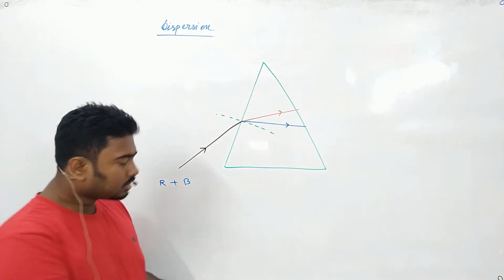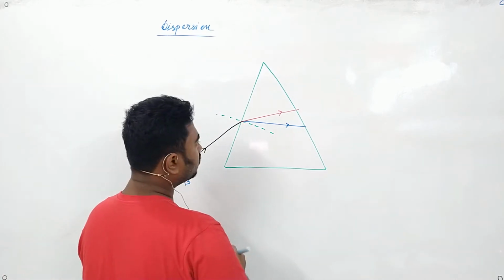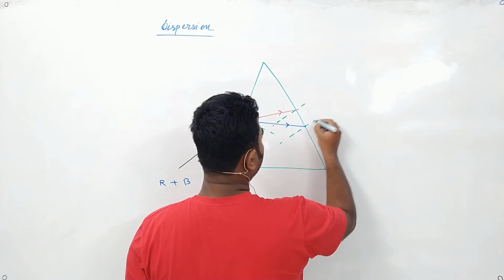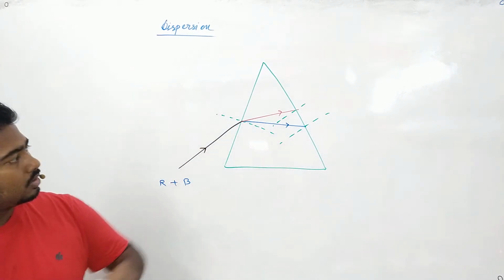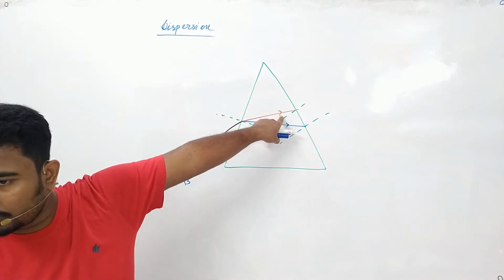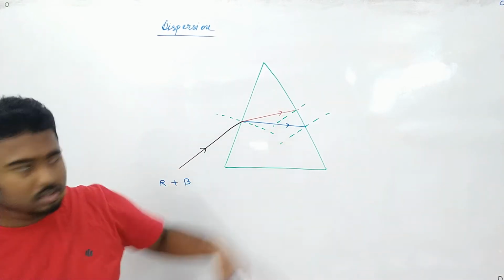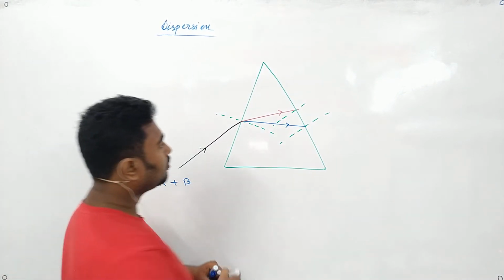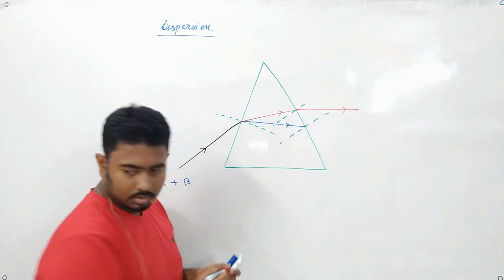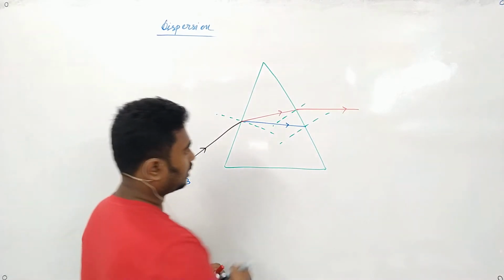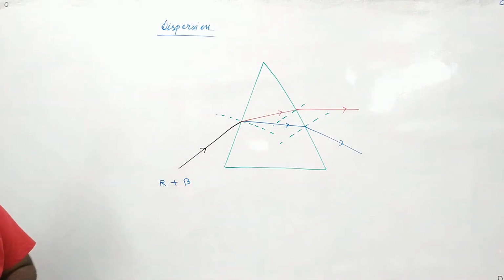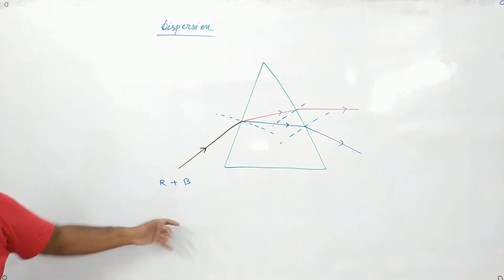Now if I again draw a normal here and a normal here, the red is always having less refractive index, the blue is having more refractive index. So in this case the red will make a lesser angle and the blue will make more angle. Is that clear? Now it is only composed of two kinds of colors, red and blue.